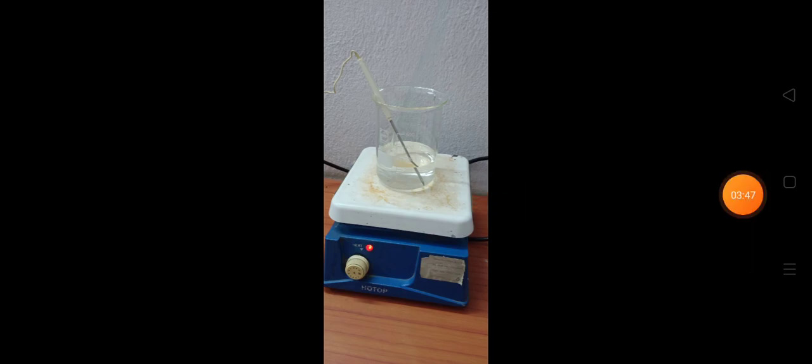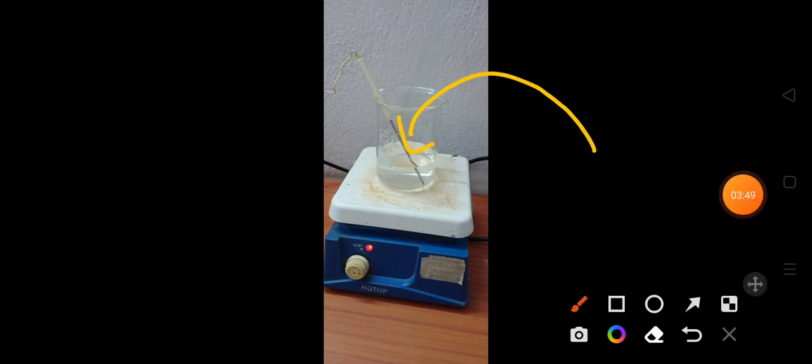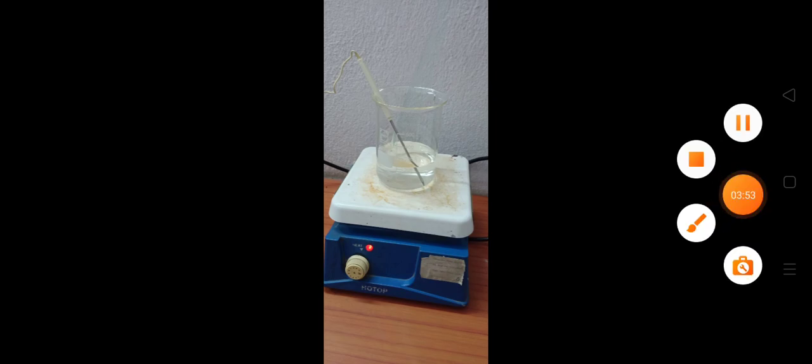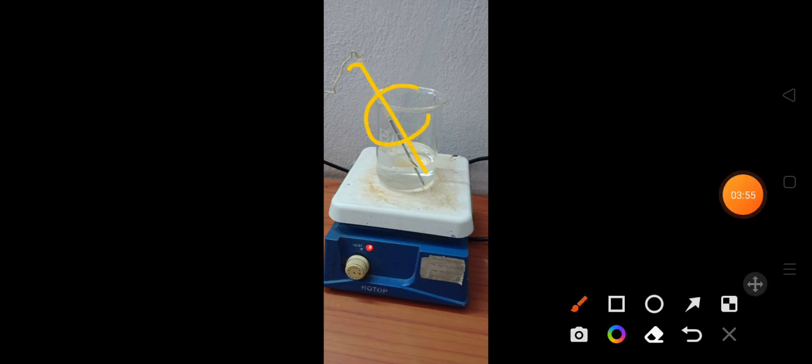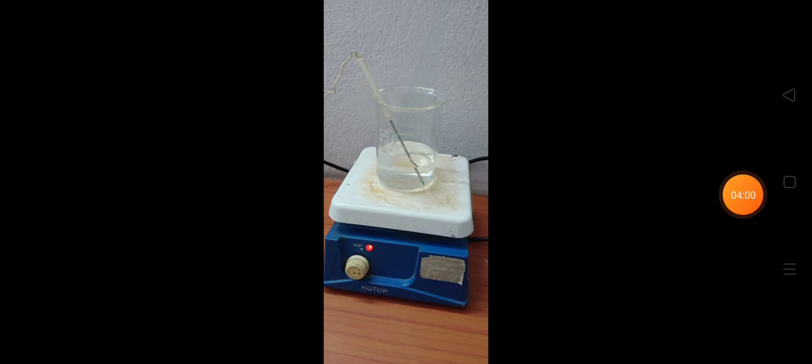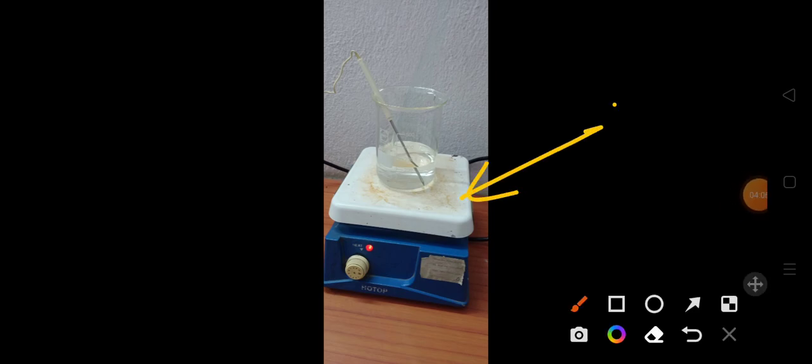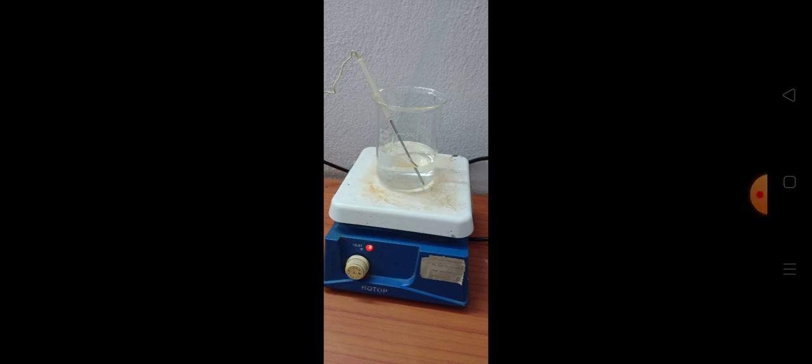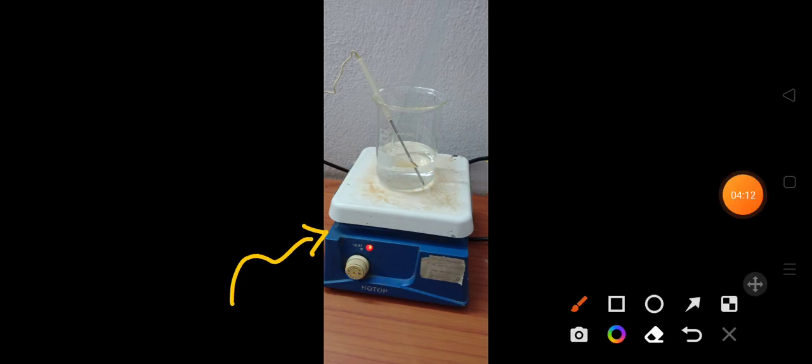Here in this container we have the DNA sample that we have prepared, and this is a glass rod to swirl it. Before explaining, I want to tell you the use of this instrument: it will provide heat to that sample.